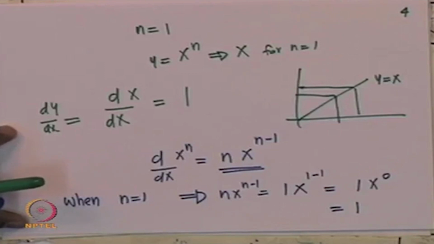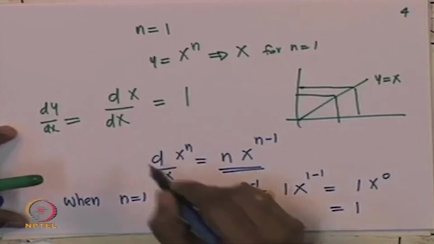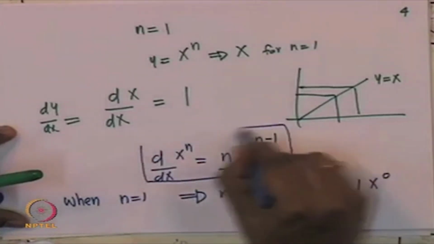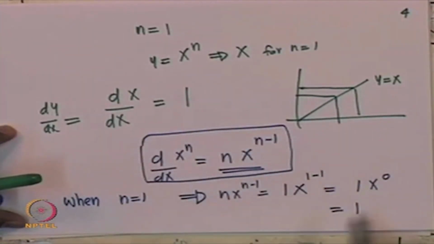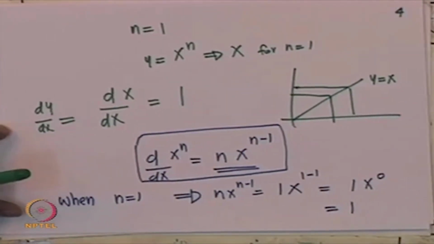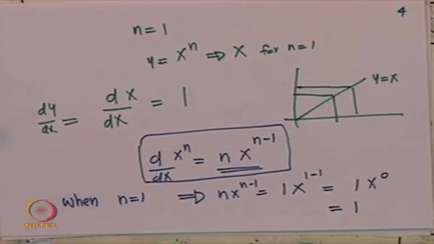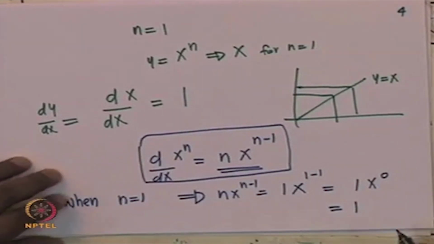So as per the rule we learned, the simplest function, which is y equal to x, has a derivative which is a constant.